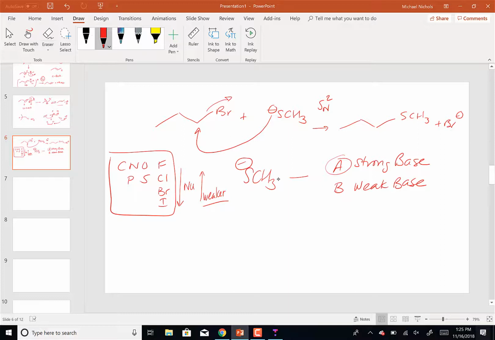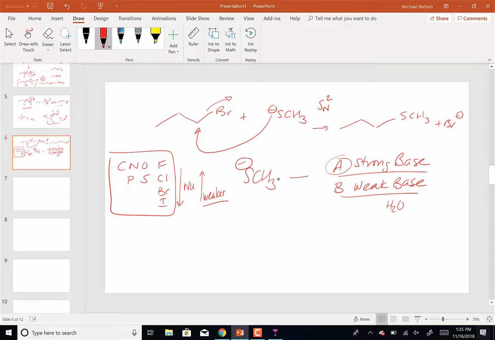Now, it's a strong nucleophile because it has, well, no. What was I thinking? No. Strong base, weak base has nothing to do with the charge per se. They all have negative charge. Give me an example of a weak base. Water. Water's a weak base, although that's neutral.